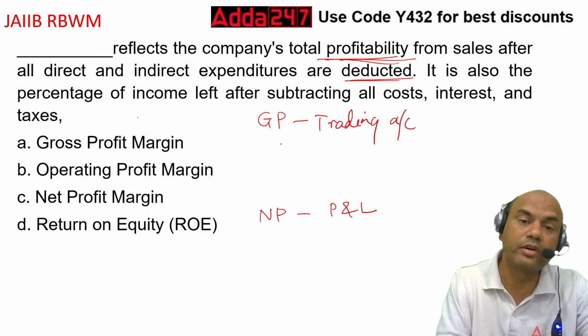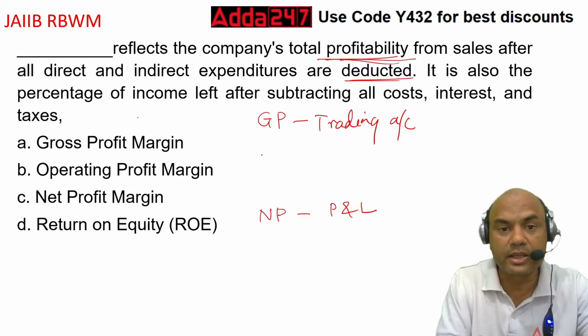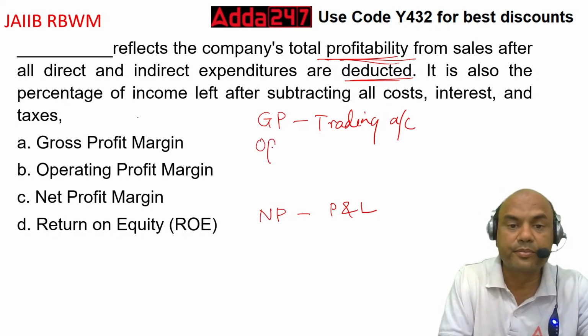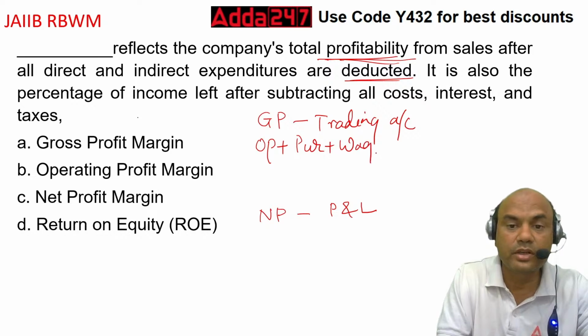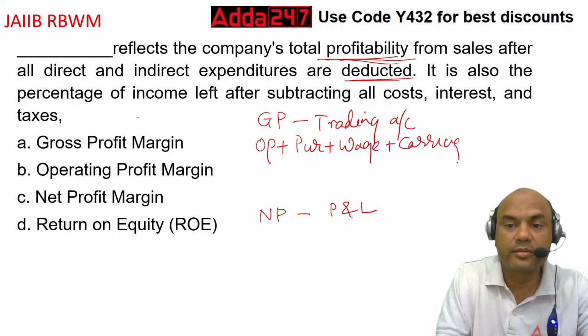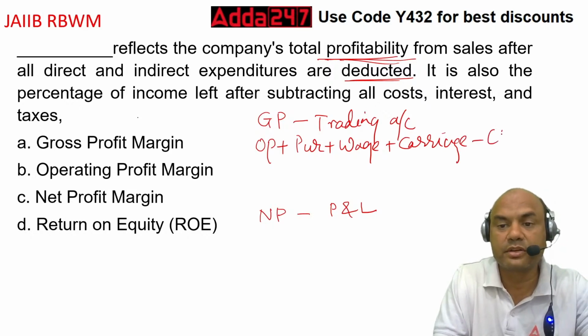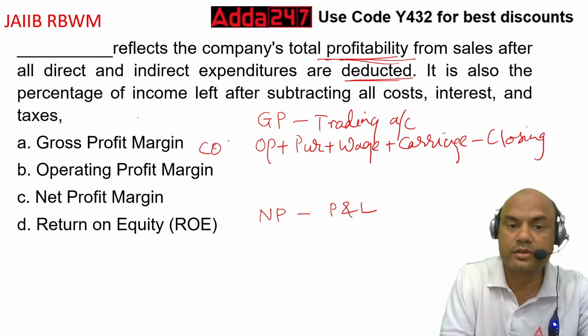Just suppose you are a manufacturing company, then opening stock plus purchases plus wages, plus carriage minus closing stock. So this becomes your cost of goods, COGS, cost of goods.